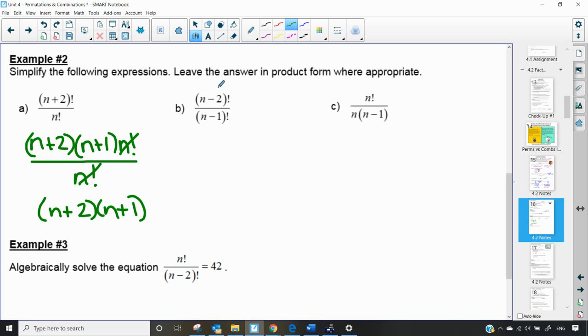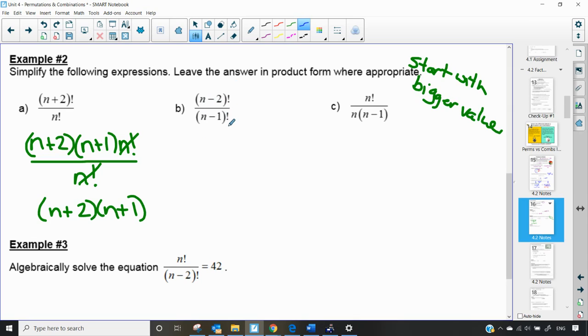Now, for the next one here, we've got n minus 2 and n minus 1. So you have to ask yourself which one is the bigger value. We always start with the biggest value. Well, if I have a number, let's say 4, and I subtract 2, and I have the number 4 and I subtract 1, 4 minus 1 is going to be bigger than 4 minus 2.